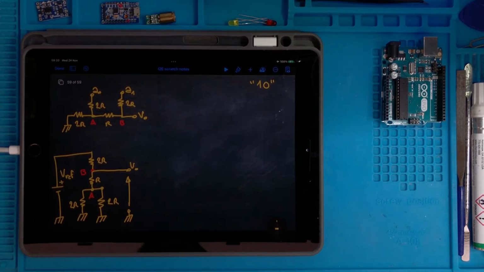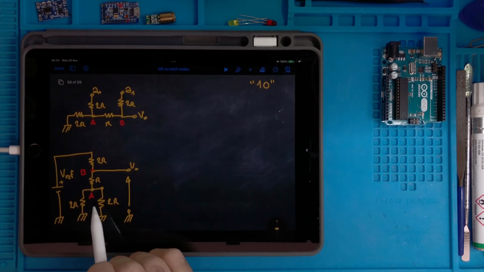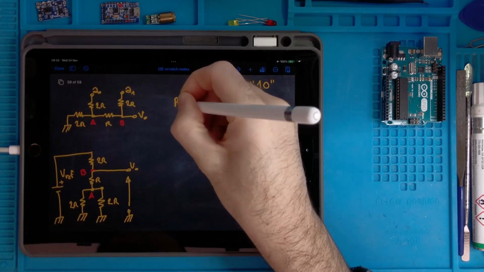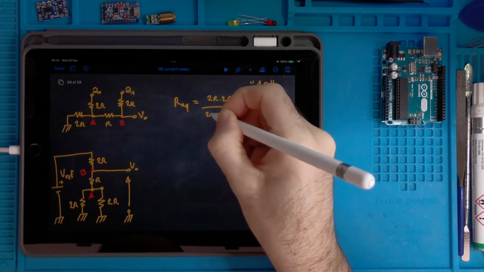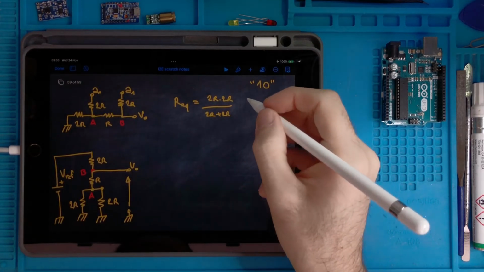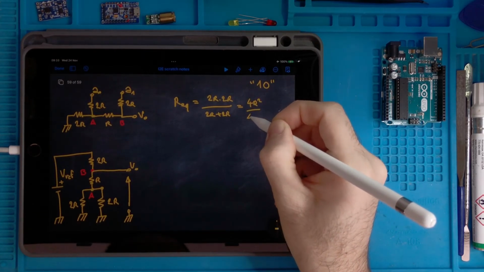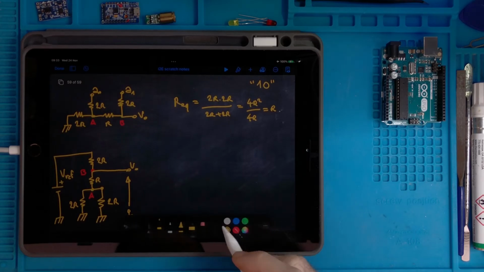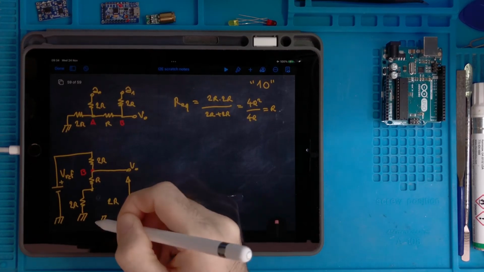Okay. So this one is quite simple, because we can easily see that those two resistors are in parallel, and therefore we can substitute them with the equivalent resistor. And this would be 2R multiplied by 2R divided by 2R plus 2R, which makes 4R squared divided by 4R, which is R. So we can replace those two resistors with one resistor like this.